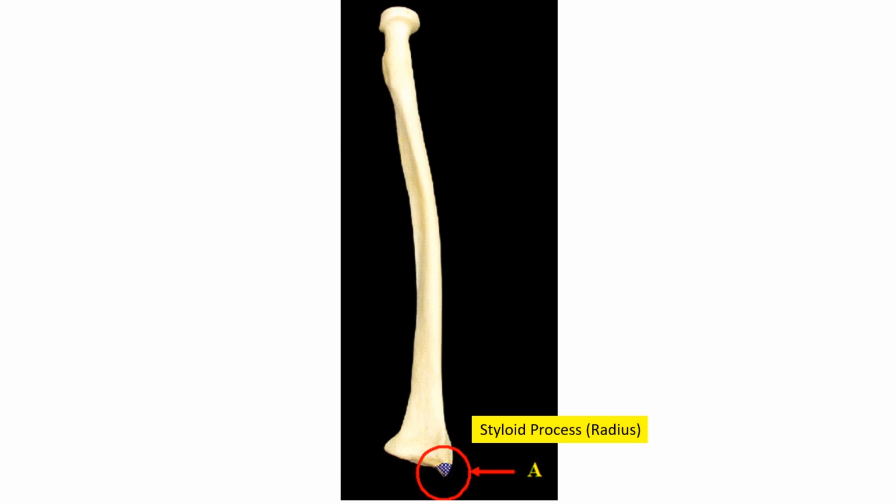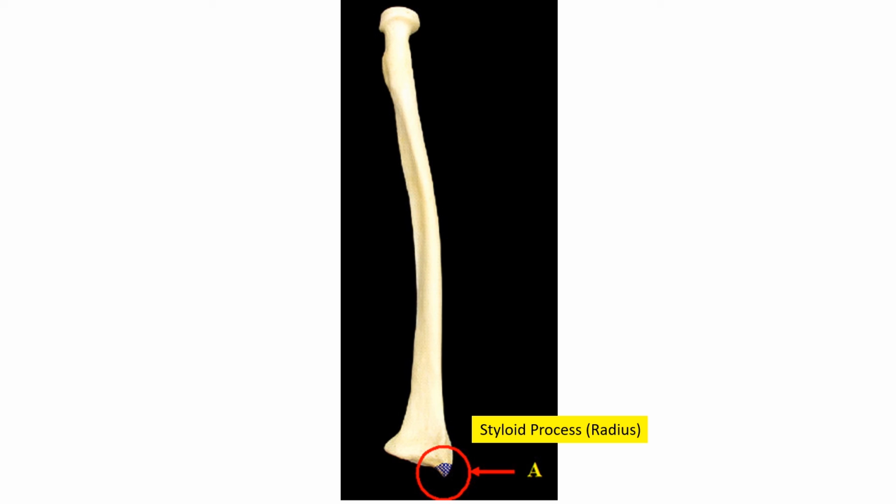Which bone is this? This is the radius. Can I give you reasons why this is the radius? First of all, it's a long bone. Then at the upper end it has a head, a neck, and a tuberosity.